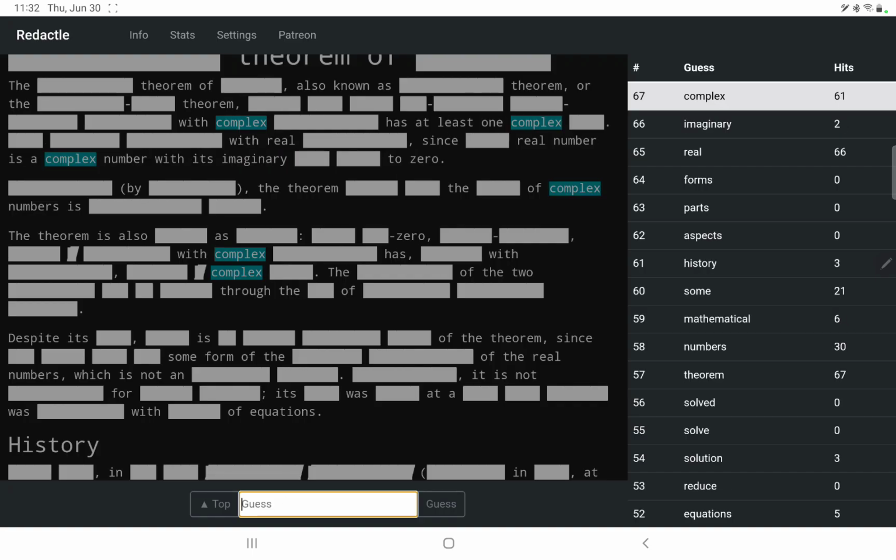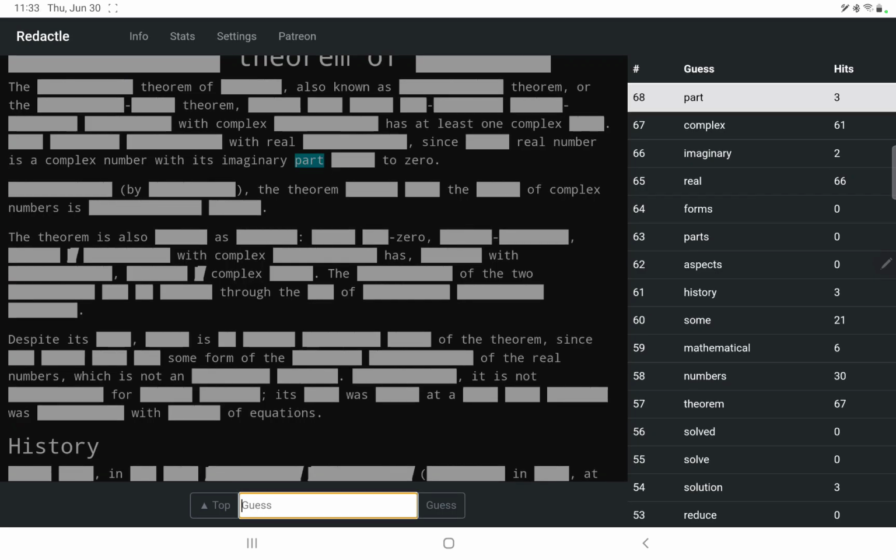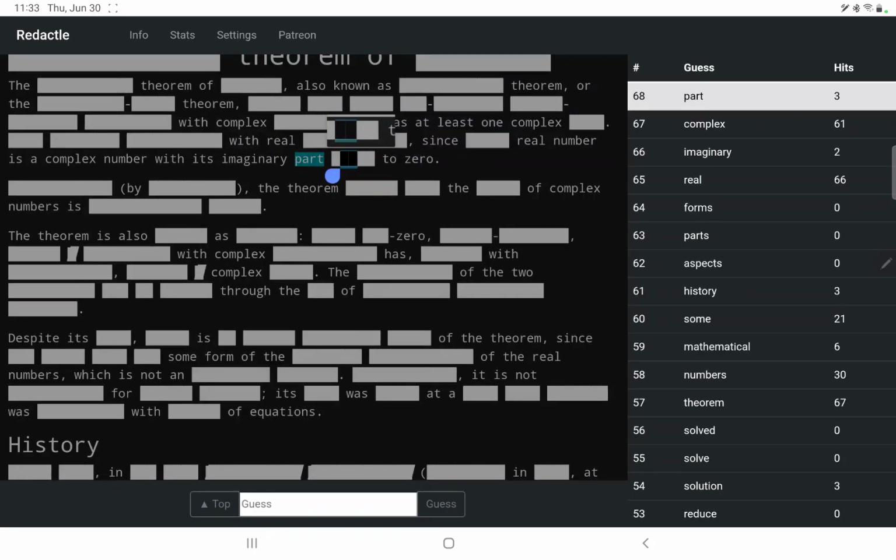Ooh, okay. With complex something has at least one complex part. Did I do part? No, has at least one complex with its imaginary part, something to 0.